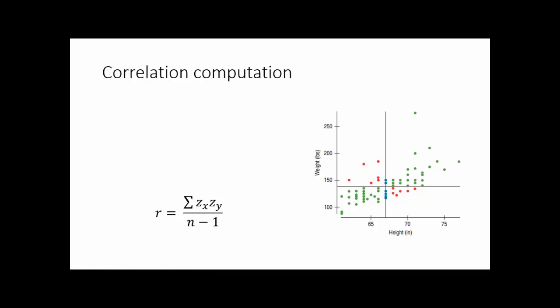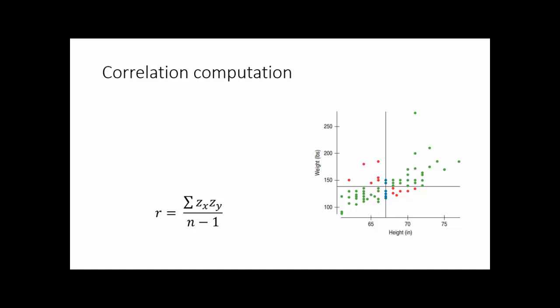The bottom one right here has points that are below average in weight and above average in height. That's kind of surprising. That doesn't fit the norm. Here are a bunch of people in this quadrant that are below average in weight and below average in height, so their height and weight go together.